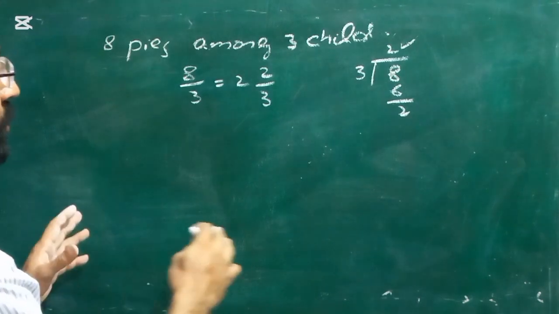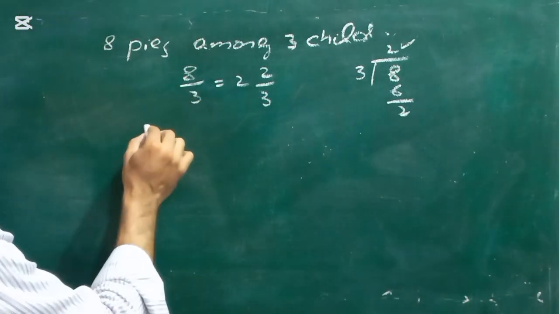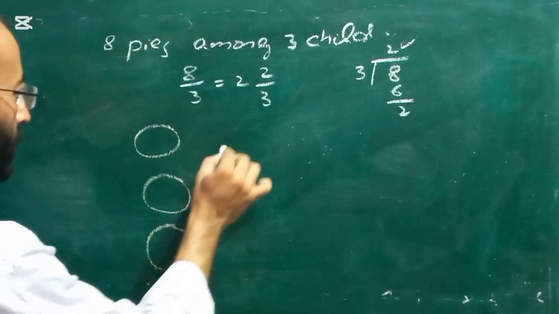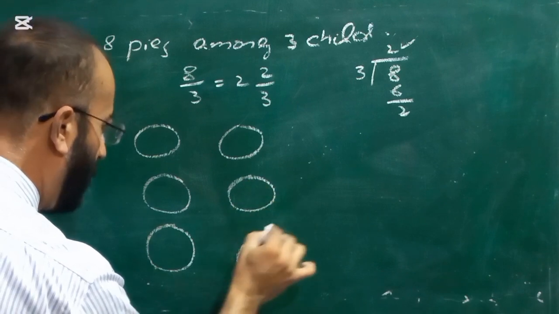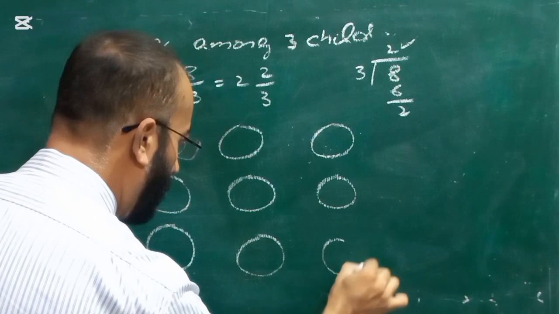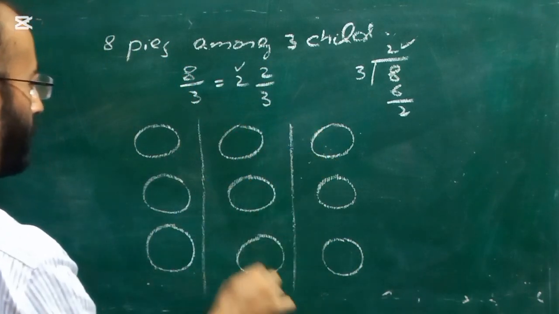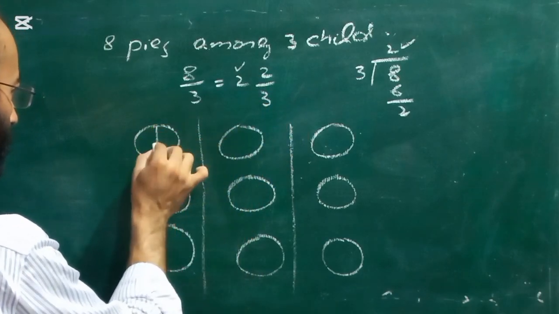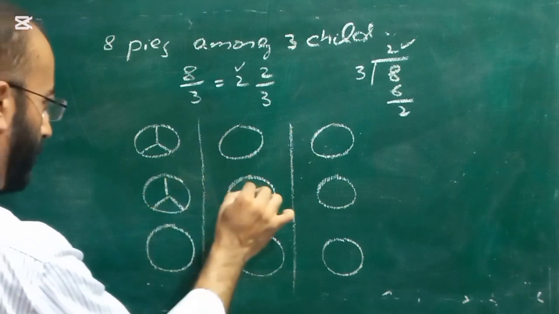So if we are required to show the graphical representation, it means 2, 1, 2, and 3. 1, 2, and 3. Now 2 full pies are given to one child, and 2 by 3 stands for we are making 3 parts of it, like this.